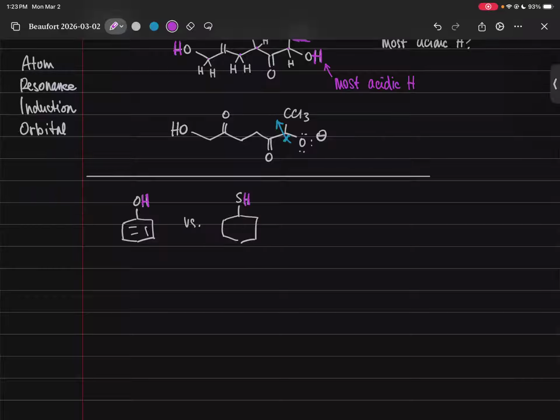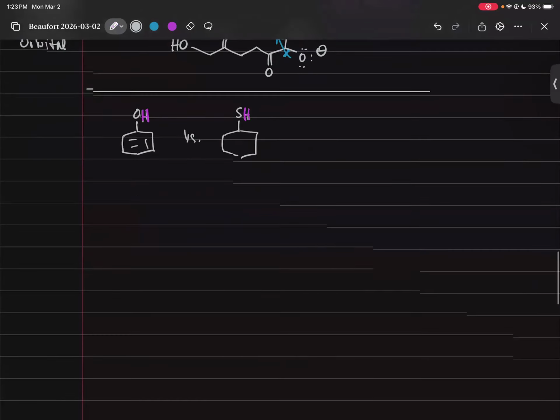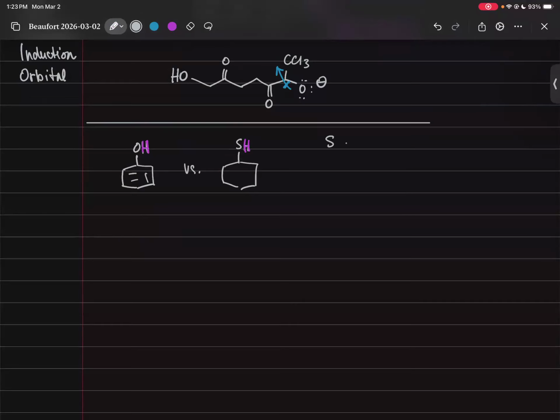The S in sulfur is more electronegative than oxygen. It's not more electronegative, but it does win. I know what you mean though: S is larger than oxygen. So this wins the atom rule.